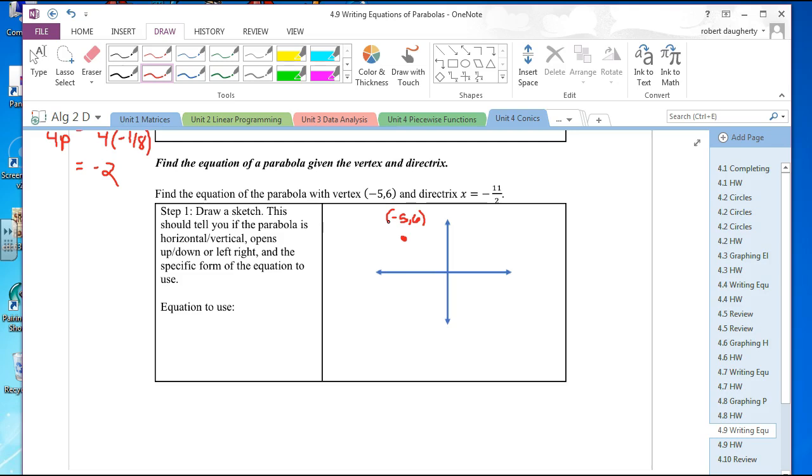So I'm going to have a line here at negative 5.5. What's the distance from negative 5 to negative 5.5? 1/2. So what is P? P is going to be 1/2 in this problem.